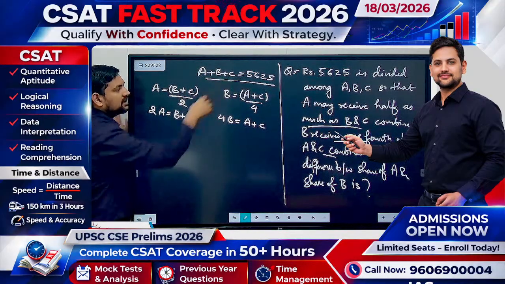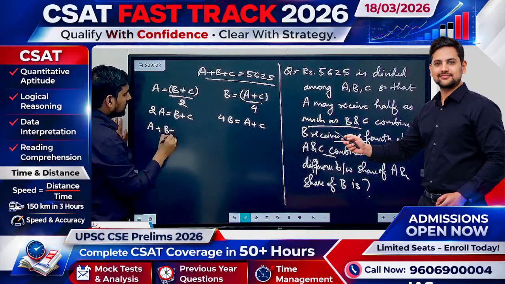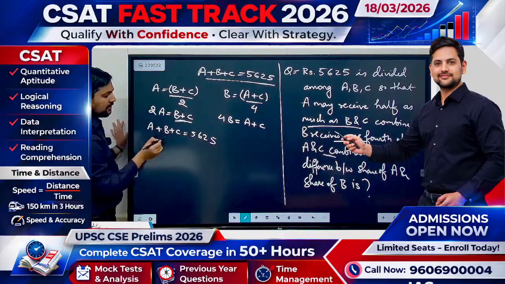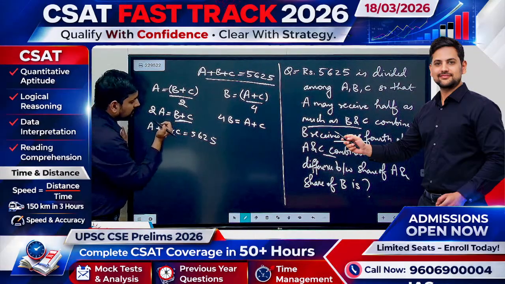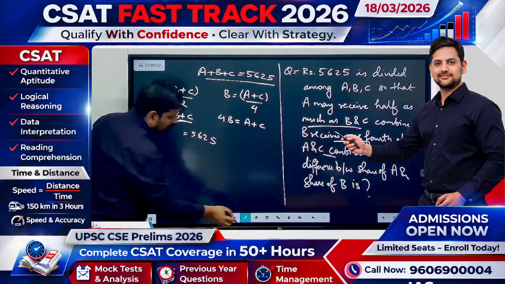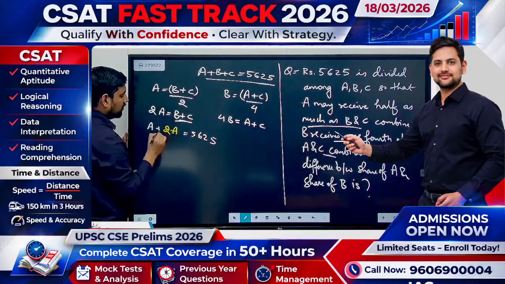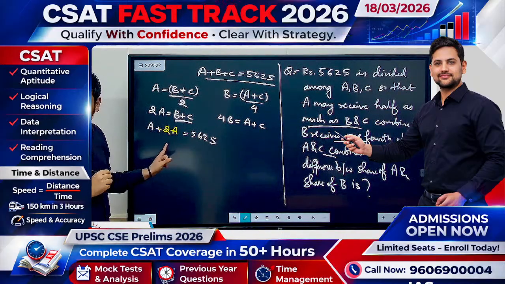So A plus B plus C is equal to 5625. Now in place of B plus C, can I put 2A? Can you see this? Okay. So I am removing this and I am putting 2A here. In place of B plus C, I have put 2A.